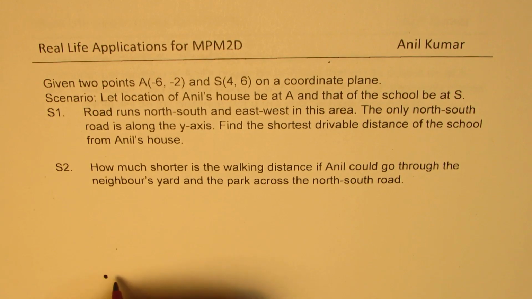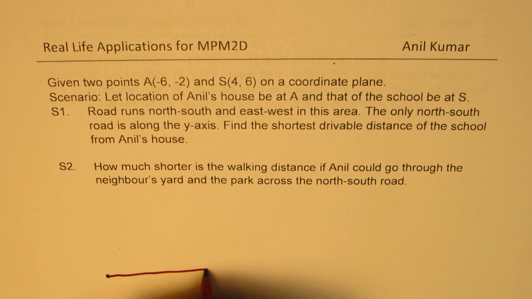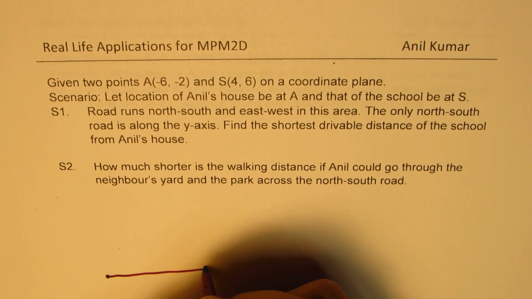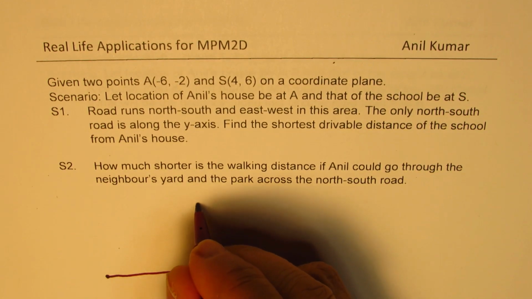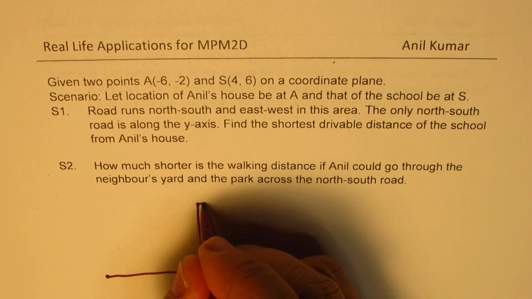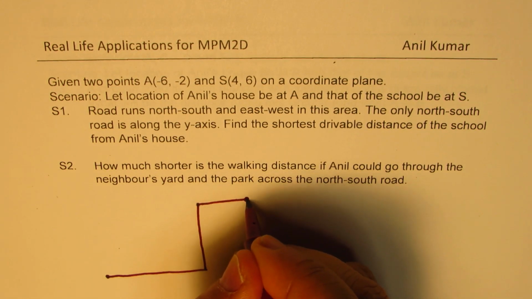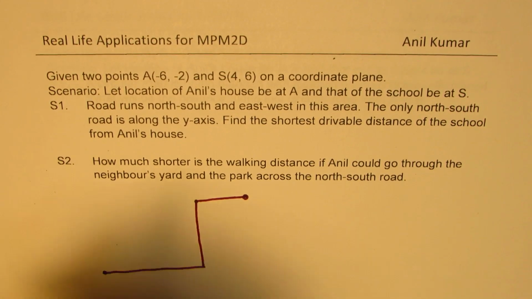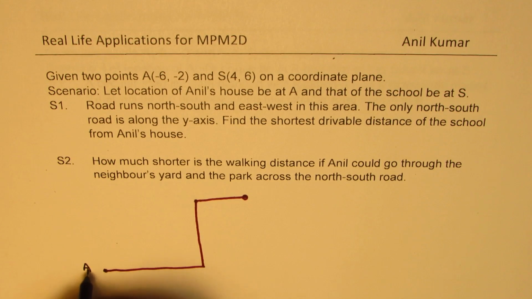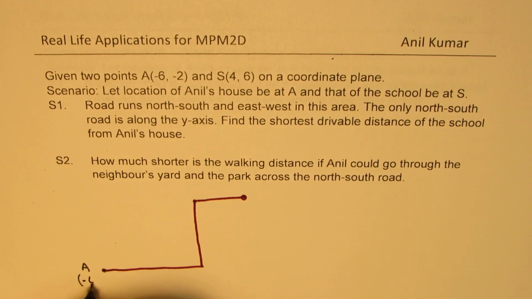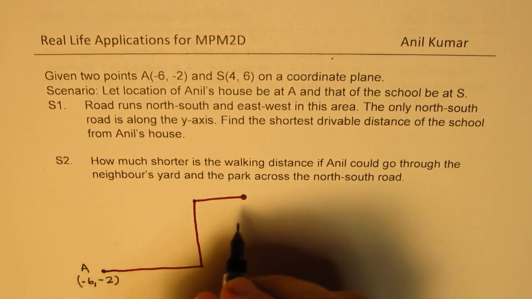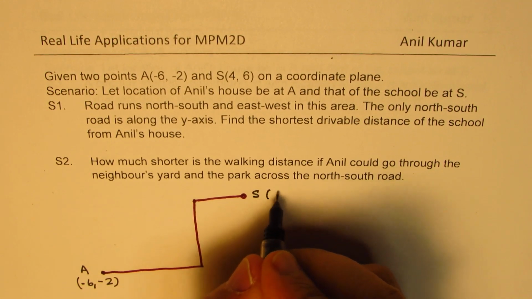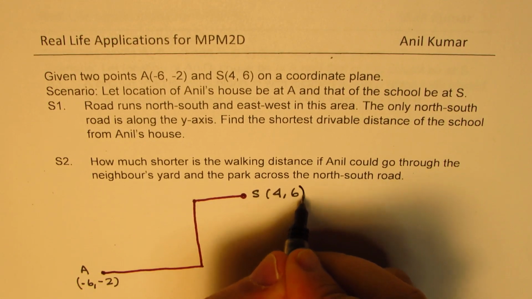We have Anil's house here, and it goes straight to the north-south road, and then up north, and then to the school, which is somewhere there, correct? What we are given here are 2 points: A, which is (6, -2), and S, which is (4, 6).